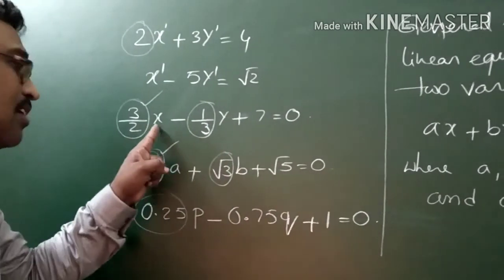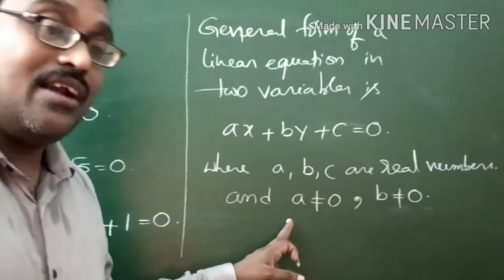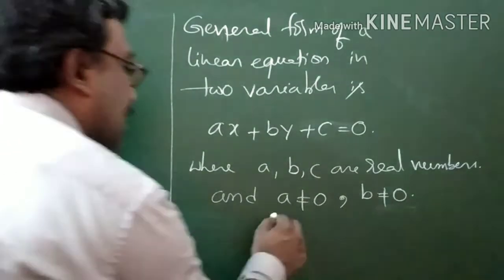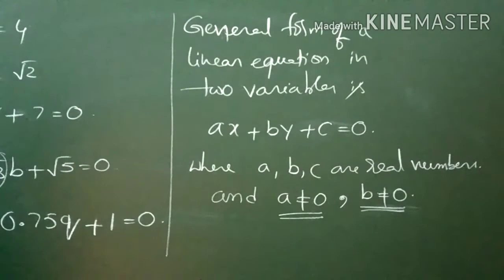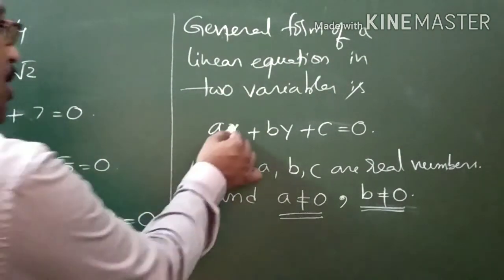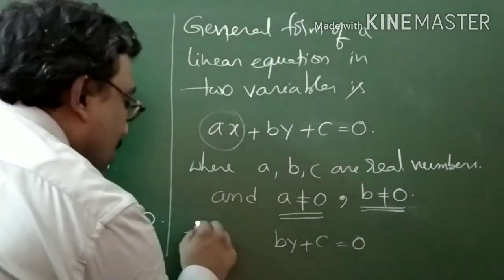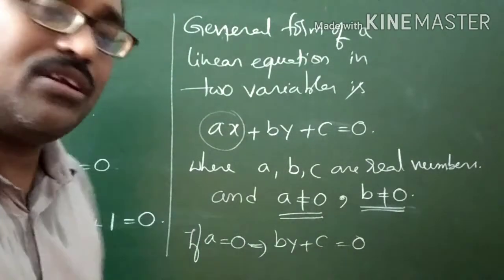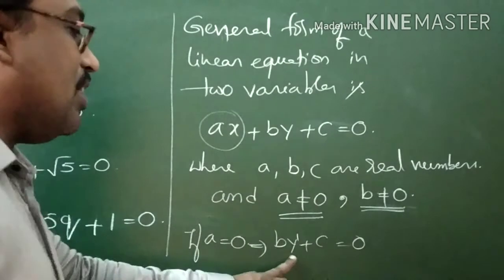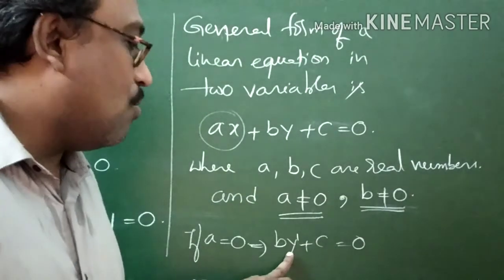So the coefficients of the variables can be real numbers, but one more very important condition is that a should not be equal to 0 and b should not be equal to 0. If a becomes 0, 0 into anything is 0, then it is by plus c is equal to 0. Since b and c are real numbers, it has one variable.